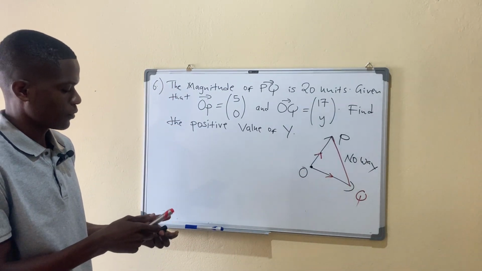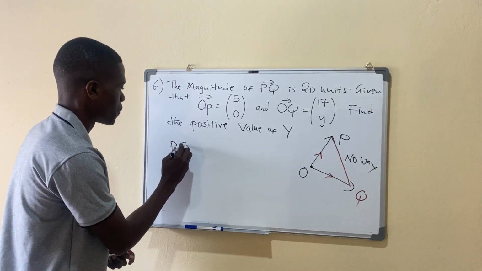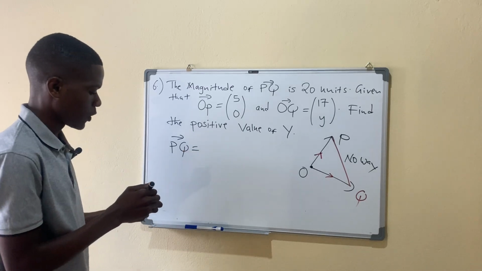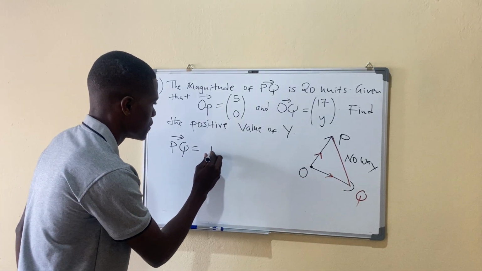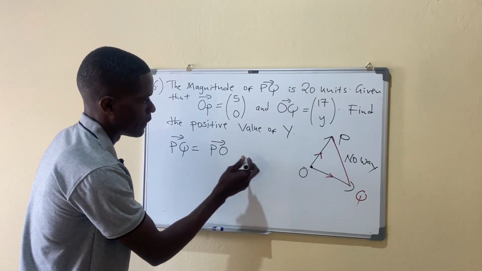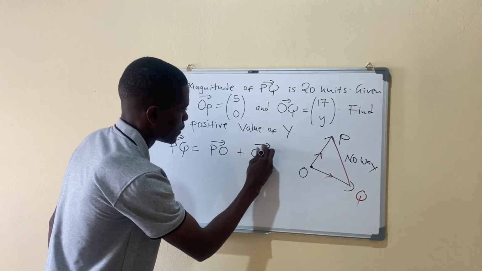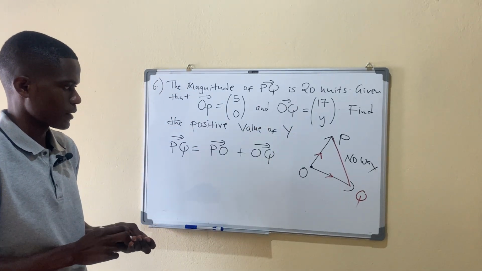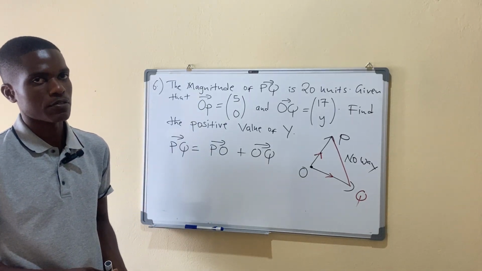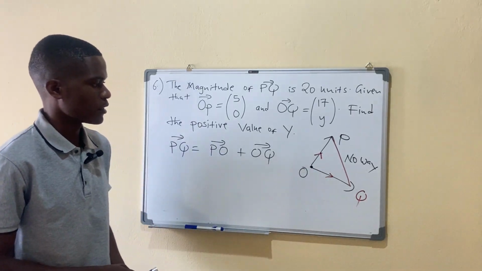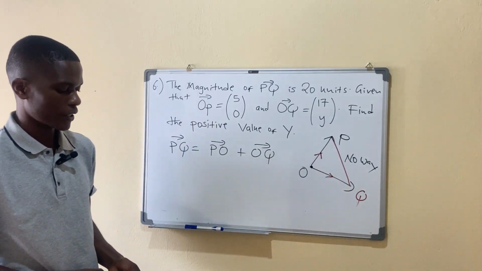So if we are to move from P going to Q, how can we move? We should move from P to O, and then from O to Q. That's how we can come up with that 20. Now, if you check what we've been given in the question, PO is not given. We are given OP, which is against the direction.